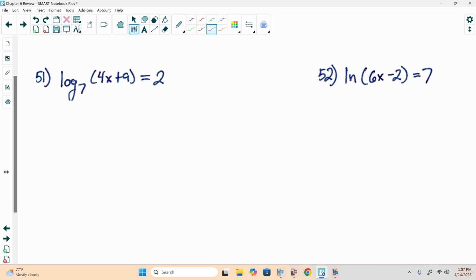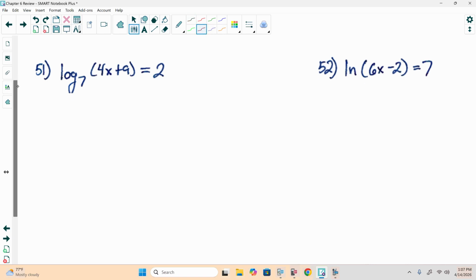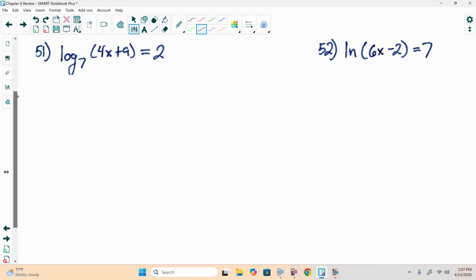So if we look at 51, we need to get the logarithm by itself, everything else on the other side. Well, it is. And once we get to this point, we want to put both sides to the base of the logarithm. And since the base of the logarithm is 7, we're going to put both sides to the base of 7.